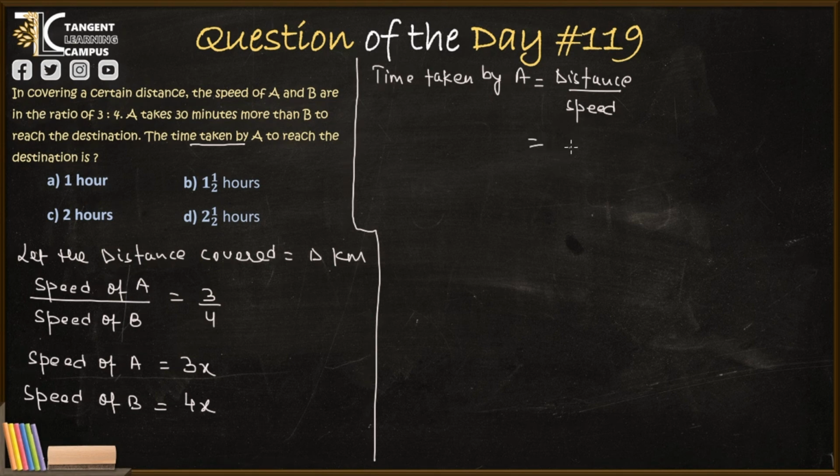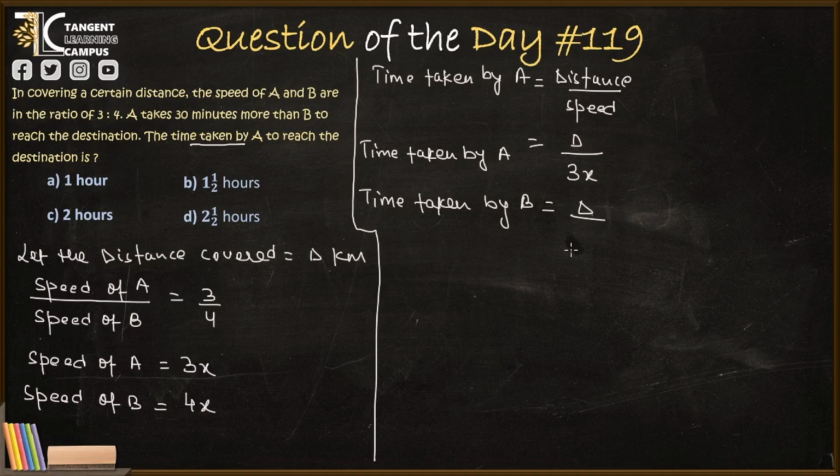So distance covered is d and speed is 3x. So this is the time taken by A. Similarly, we can find out the time taken by B, which is d over 4x.